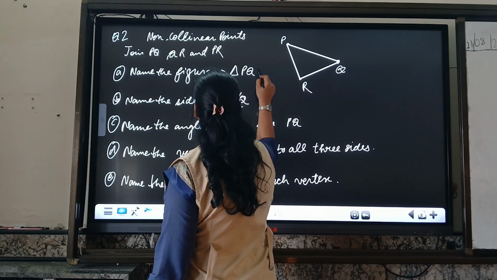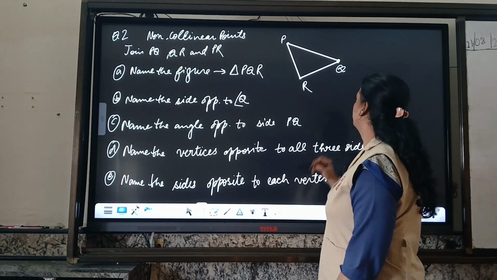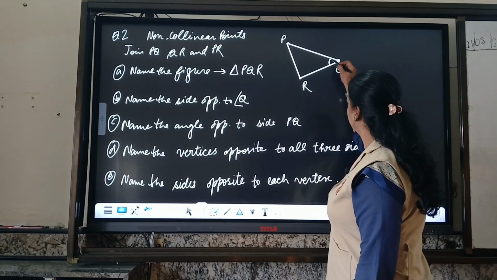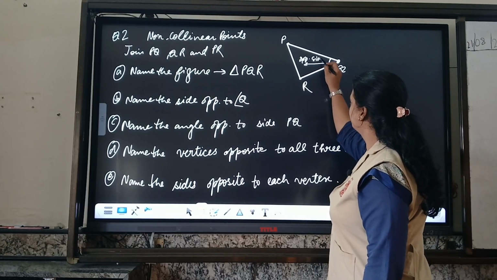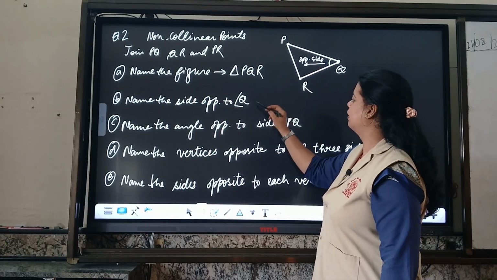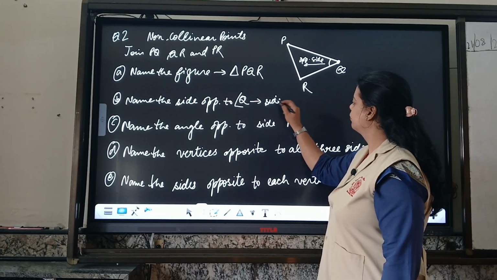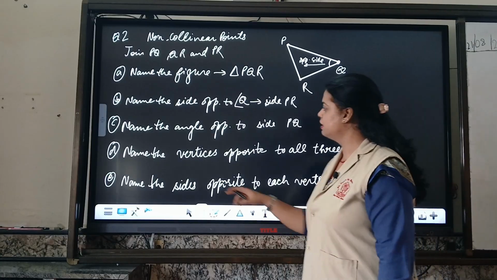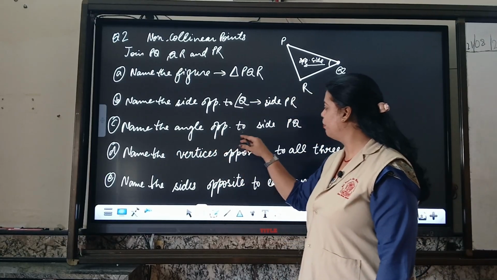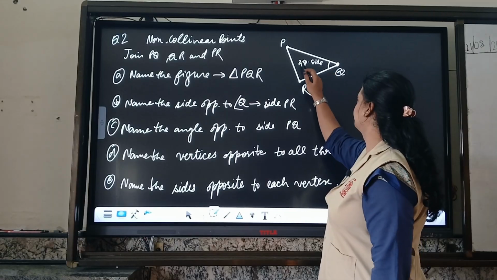In triangle PQR, name the side opposite to angle Q. What is the opposite side? It is PR. Next, name the angle opposite to the side PQ.